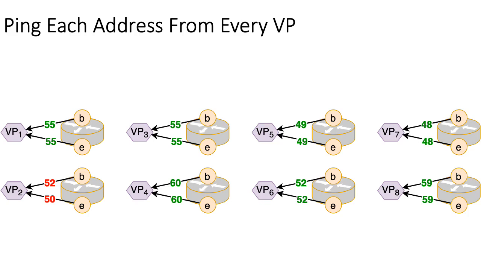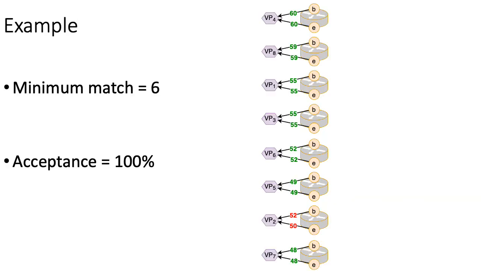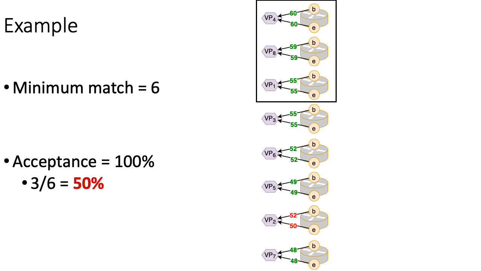Alright, so now I'm going to use the potential alias pair B and E as an example. I pinged each from 8 different vantage points, and now I need to decide if I'm going to keep this alias pair or not. So the first thing I do is sort my vantage points in order of round-trip time. If I require at least 6 matches, and I set the acceptance threshold to 100%, then I can't encounter a mismatch, so I start going down the list.